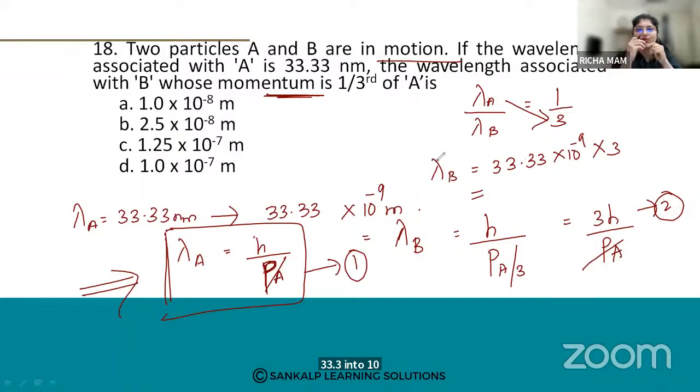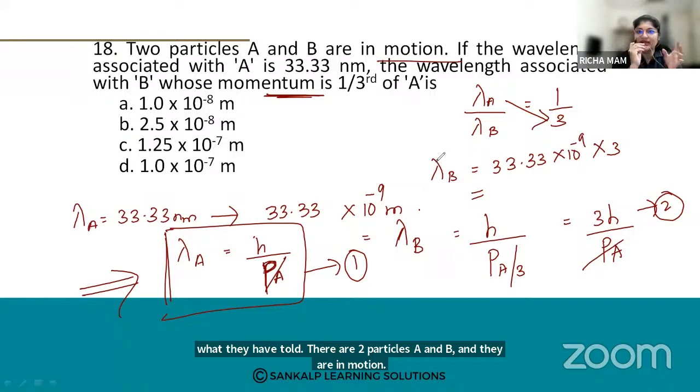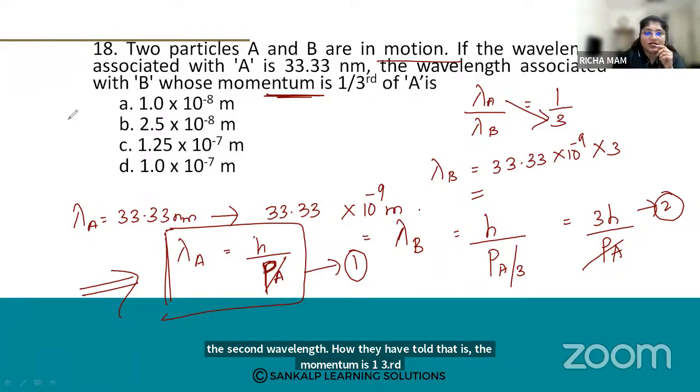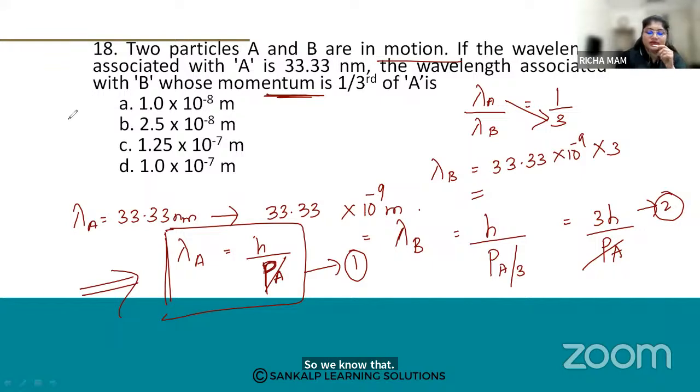What they have told is that there are two particles A and B and they are in motion. The wavelength of one is given, that is 33.33. For the second, they have told that the momentum is 1/3. We know that mass and velocity is nothing but your momentum.